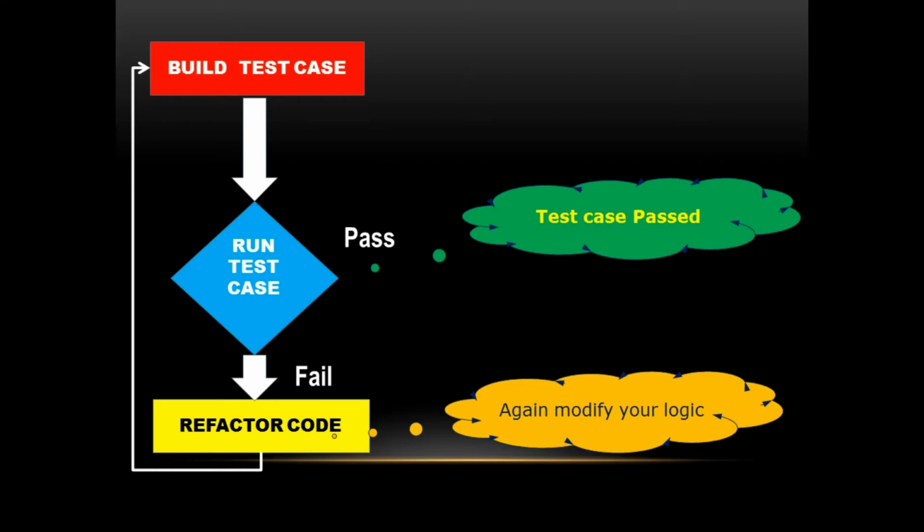Definitely the test case will pass. In case it fails again, then you have to refactor the code or modify the logic again in your library project, and again build the test case.